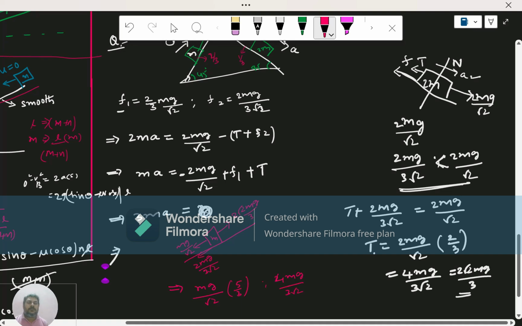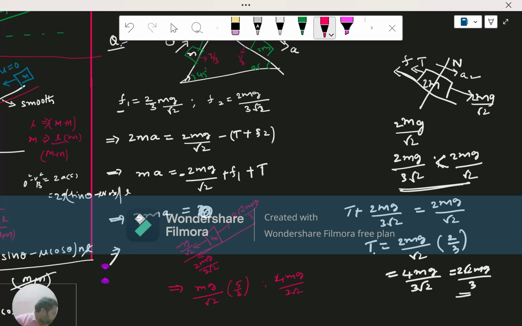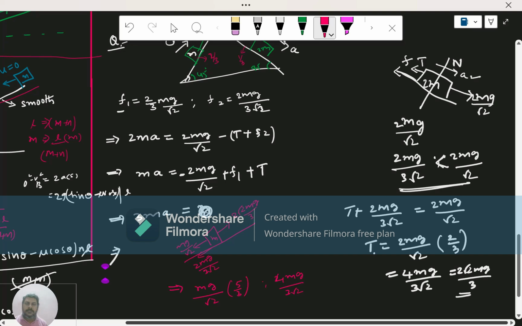So now the friction on A, I can take downwards, right? And the acceleration: friction on A is downwards and 4 mg by 3 root 2. So acceleration is upwards. That means, if friction is downwards, the acceleration has to be upwards.